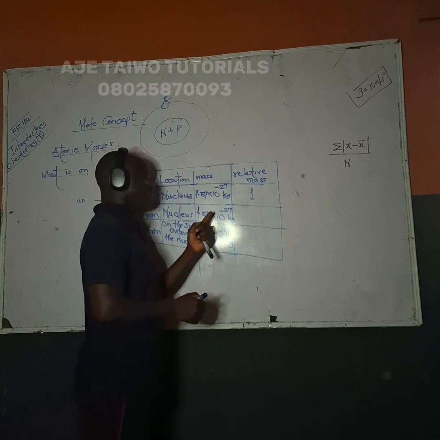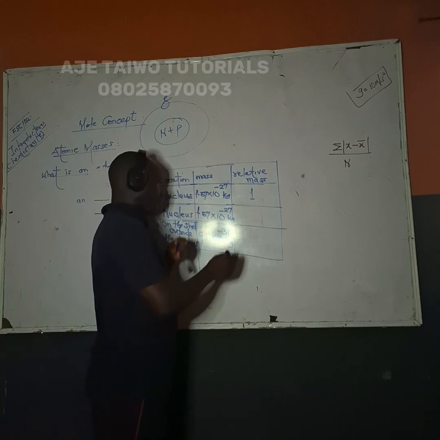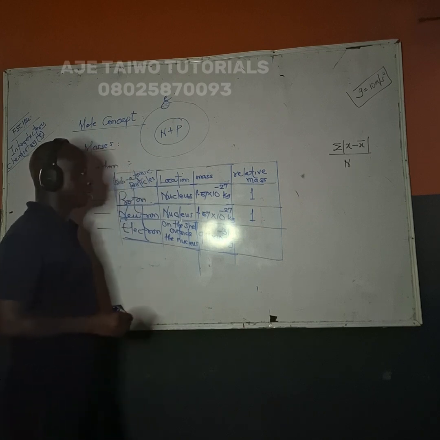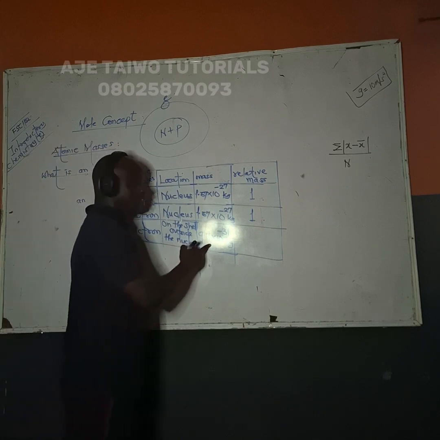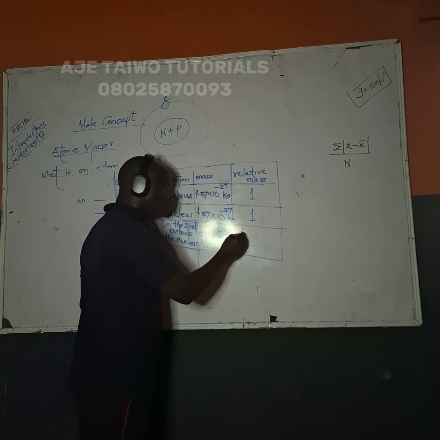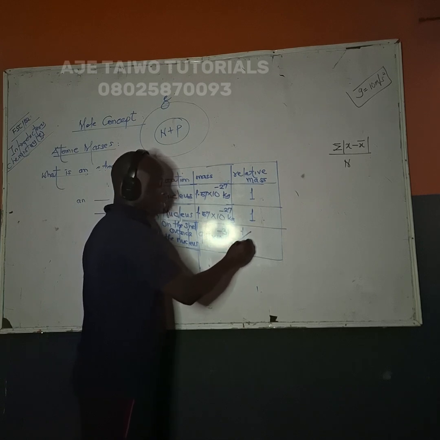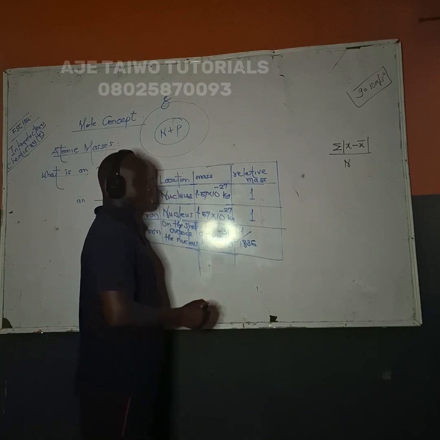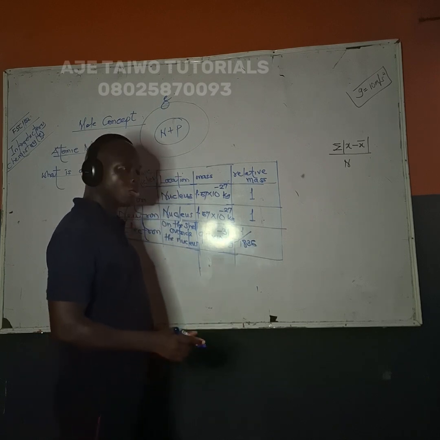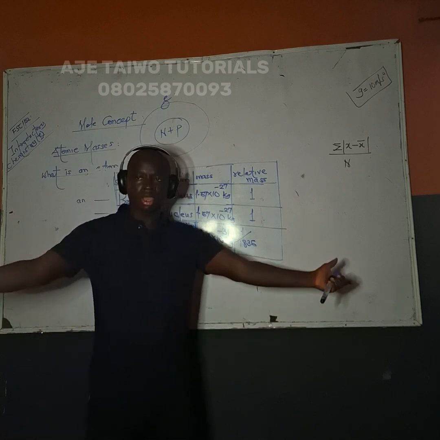Divide this by the mass of proton, what do you get? 1. God bless you. Divide this by the mass of proton, you will get 1 over 1836. 1840. You are welcome.